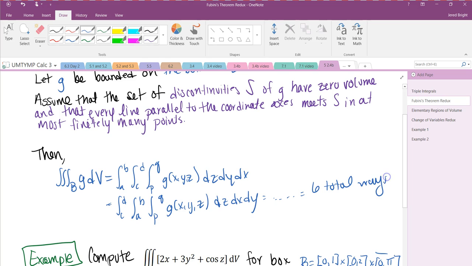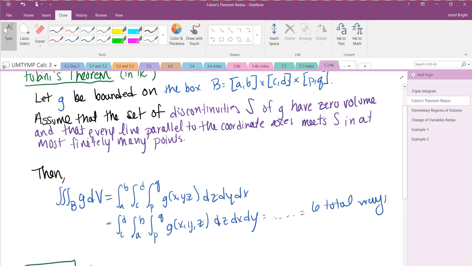So if you're bounded on that box, and the discontinuities have 0 volume, and we also have that parallel line component, then we're good.